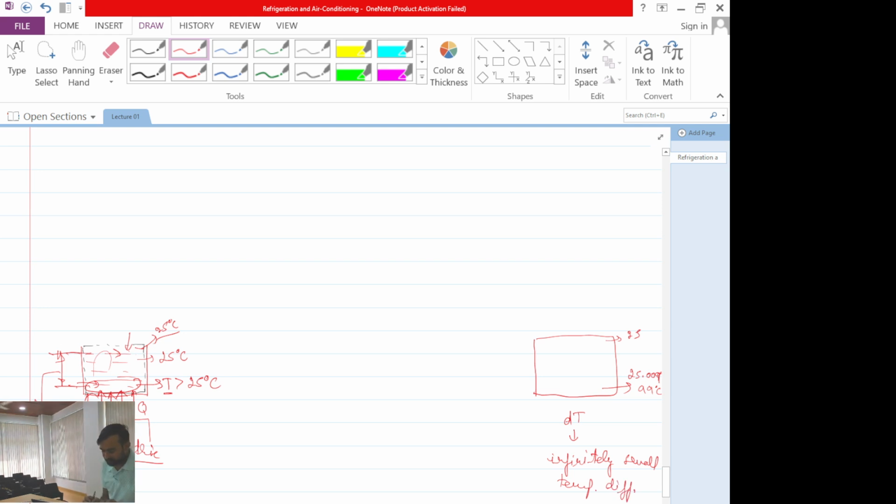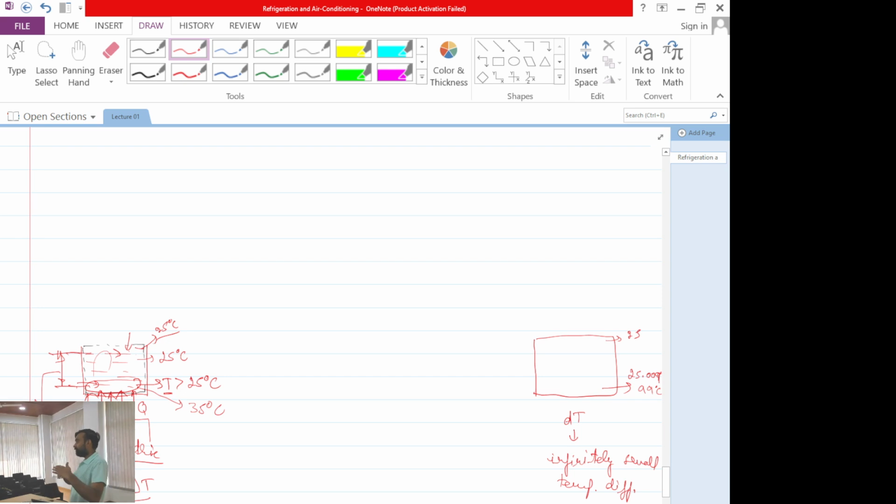And consider the other type, where say the bottom temperature is 35 degrees Celsius and the top temperature is 25 degrees Celsius. So the difference is how much? 10 degrees Celsius. 10 degrees is a finite number. So this is my delta.